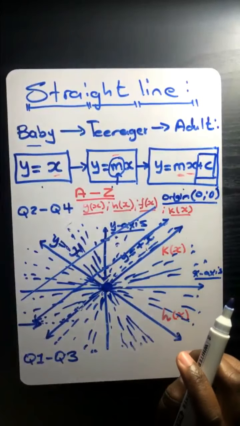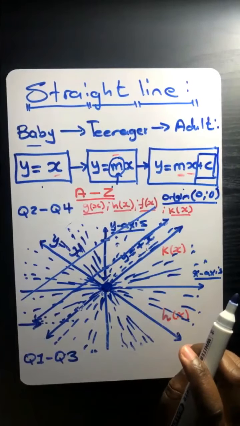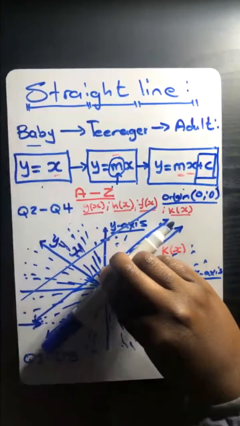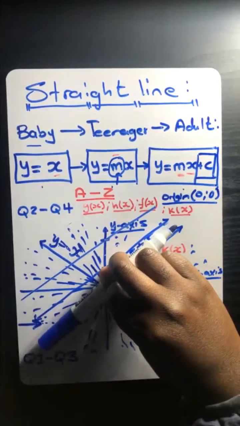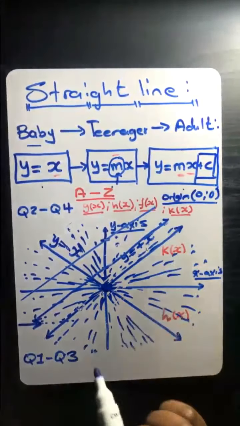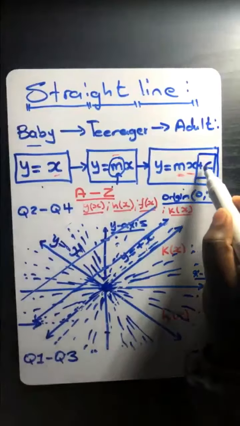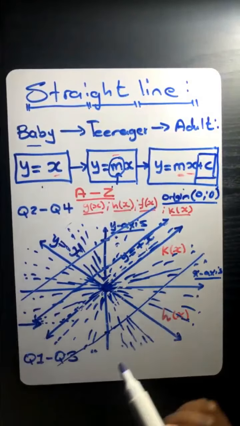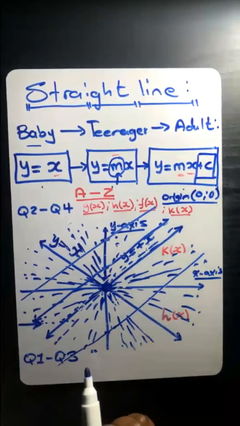Good people, it's not that complicated. The same function passing through the origin moves 1, 2, 3, 4, for example, if it's minus 4, which means it is going to pass through that point over there.